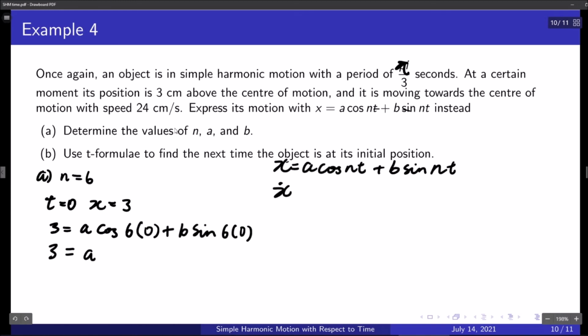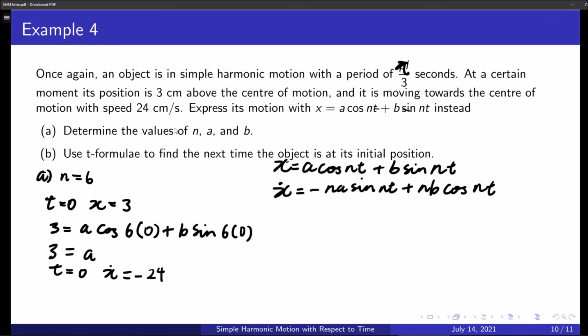Then the time derivative will be negative A sine nt plus B cosine nt. Okay, so with that, we can say that when t equals 0 and x dot equals negative 24, then we can just substitute everything in.